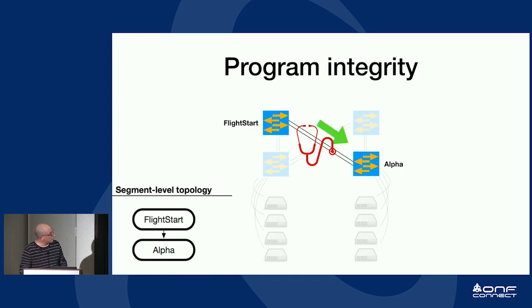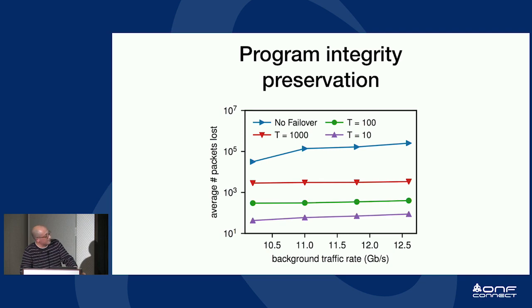The other thing I wanted to show you is program integrity, which is how quickly we can notice that something has gone wrong and therefore react to it. For example, alpha might no longer be available or might be overwhelmed, and we don't want the program to half run. So we want to be able to take corrective action there.